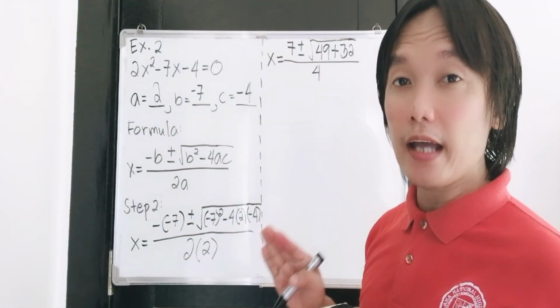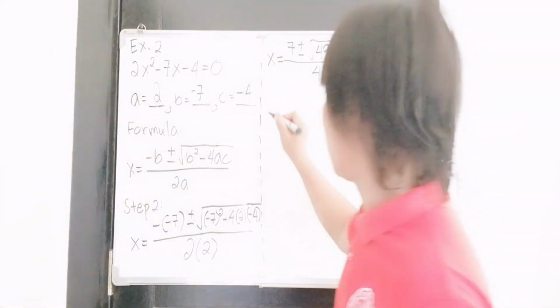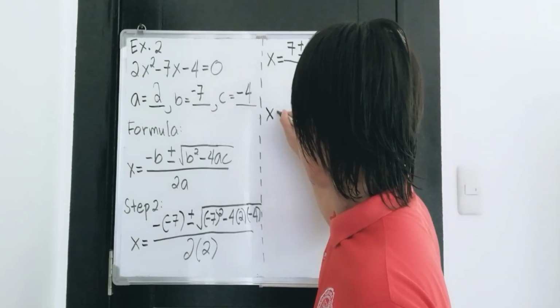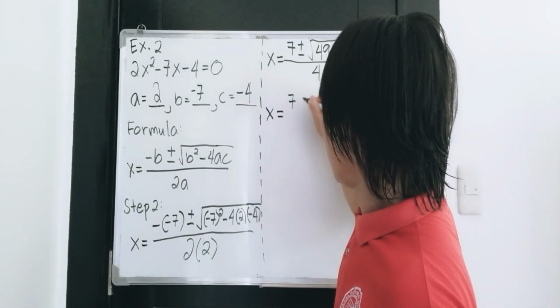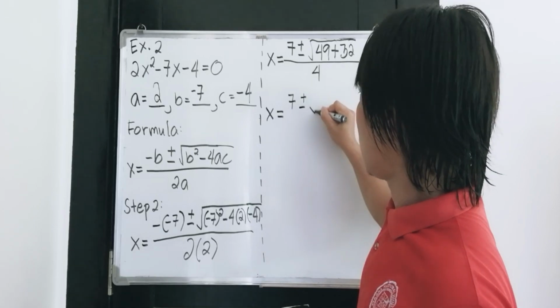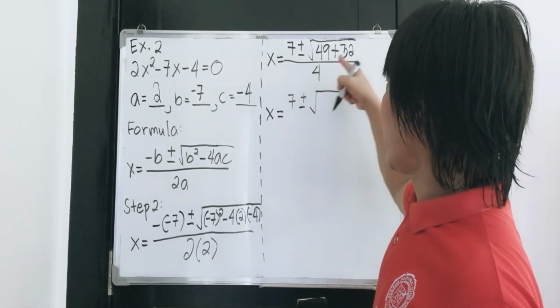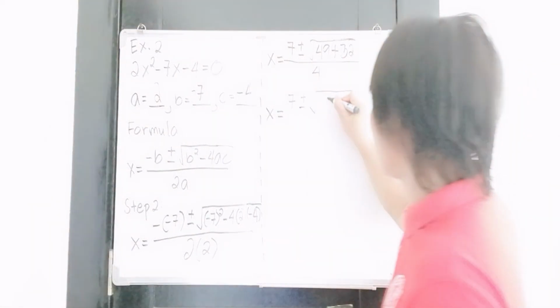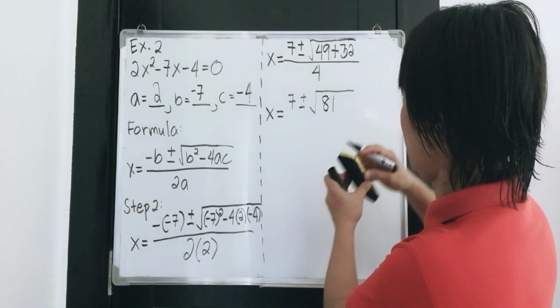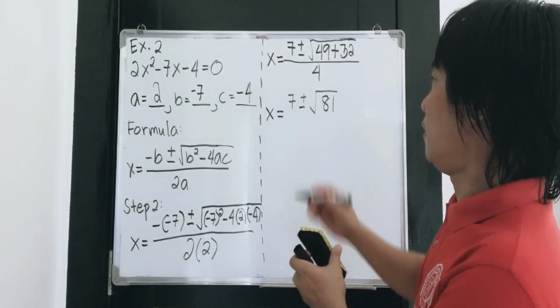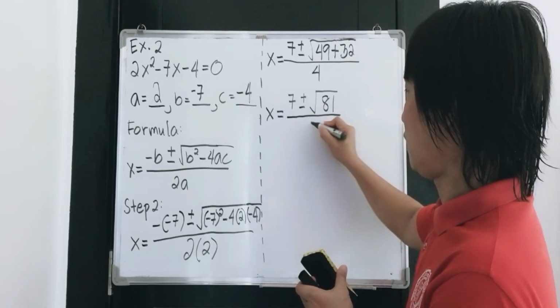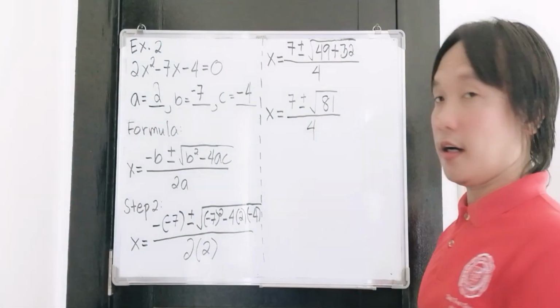Now, simplifying more of the equation, we have x equal to 7 plus minus square root of 49 plus 32, that is 81, all over 4.